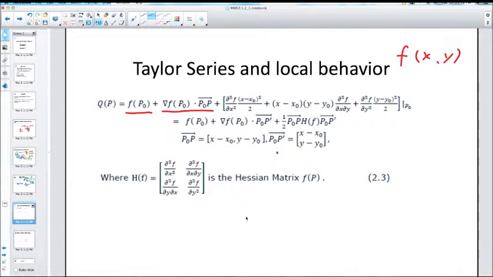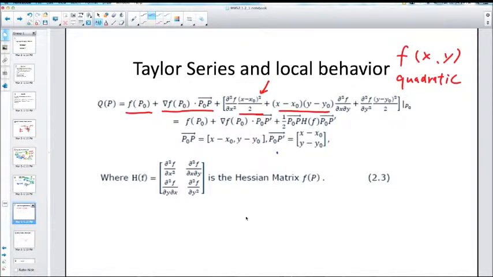The third component, you got this quadratic term, x minus x0 squared, x times y, and y squared. So this second term is the quadratic term.